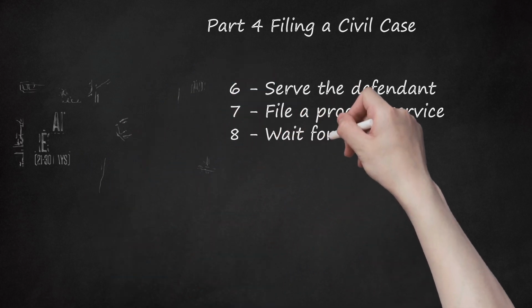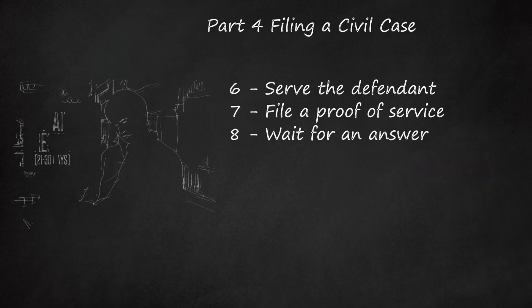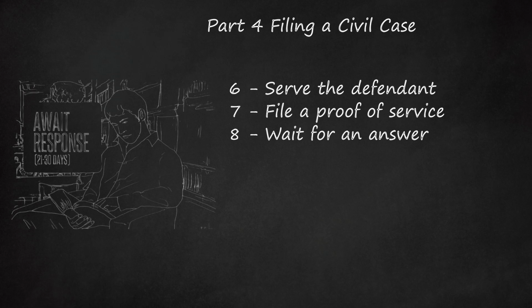8. Wait for an answer. Your employer will have a deadline to file an answer to your complaint, typically 21 or 30 days. In the answer, your employer will admit or deny your allegations, and may assert legal defenses or justifications for not paying you. After the defendant files an answer, the court will schedule a hearing or trial.